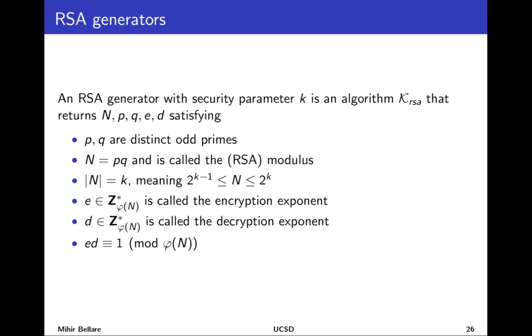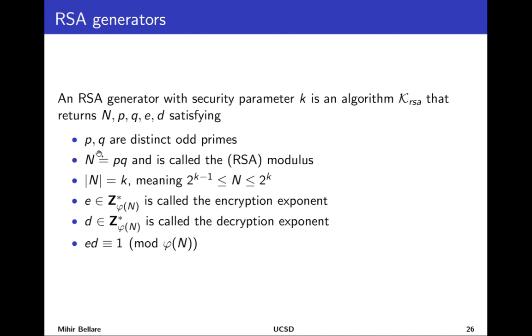And they're supposed to satisfy certain conditions, and if those conditions are met, we say this is an RSA generator. Now, here I'm not giving you a particular recipe or algorithm for a particular generator. There are many specific ways to return these 5 numbers satisfying these conditions, and different implementations will make different choices.